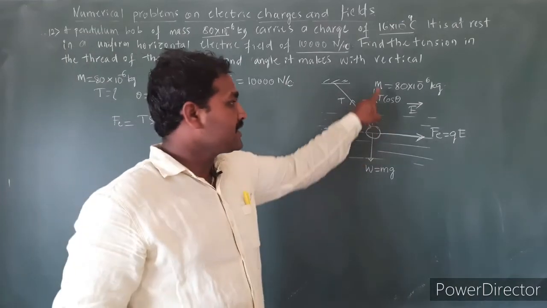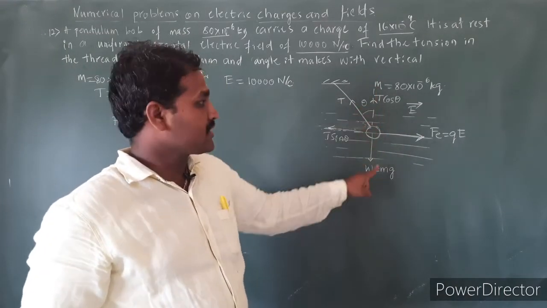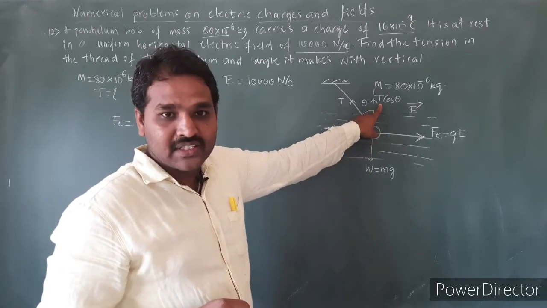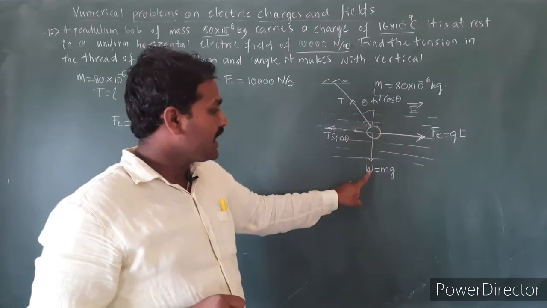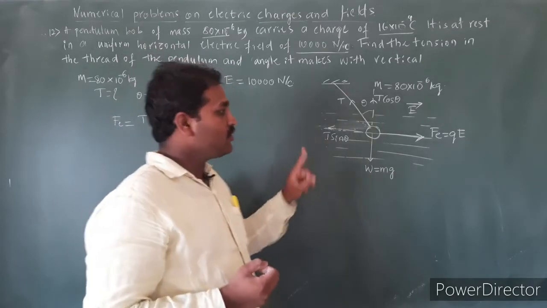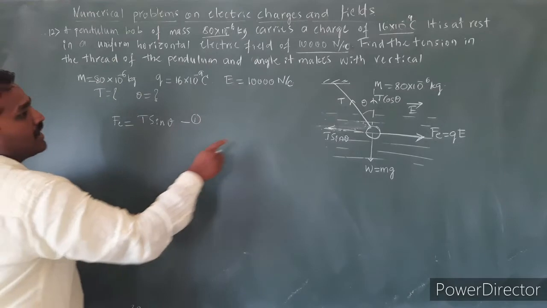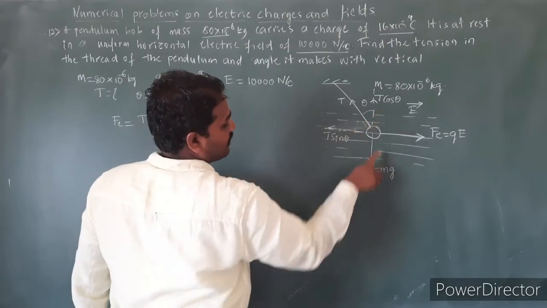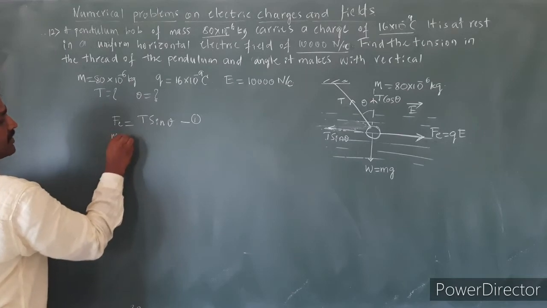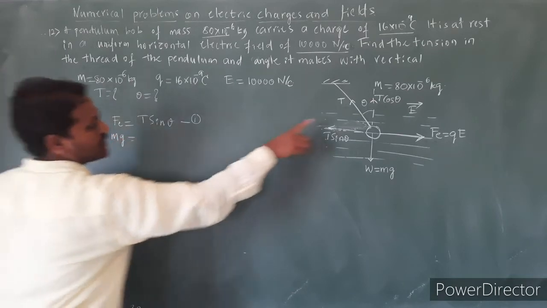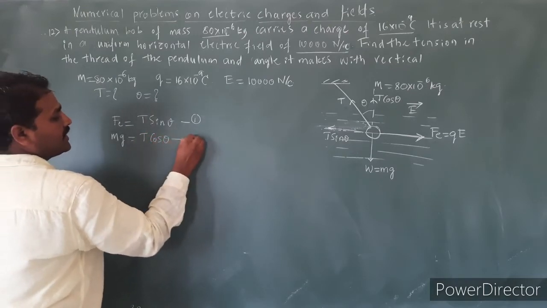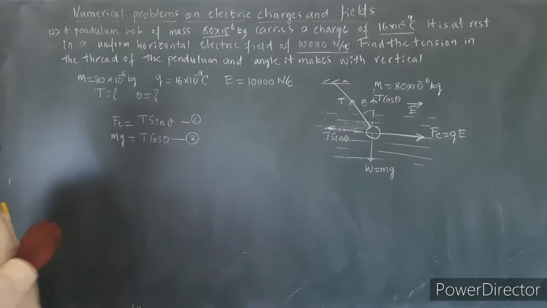Similarly, when I consider the equilibrium of vertical forces, there are two vertical forces here. One is T cos theta along the positive y direction. Another is the weight of the object, which always acts in the negative y direction. So I can equate T cos theta to the weight of the object, that is M into G is equal to T into cos theta. Let this be equation number 2.